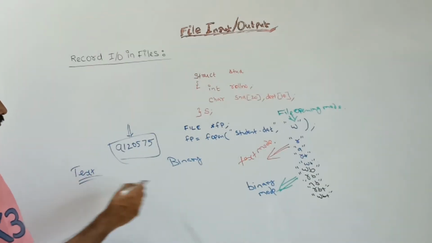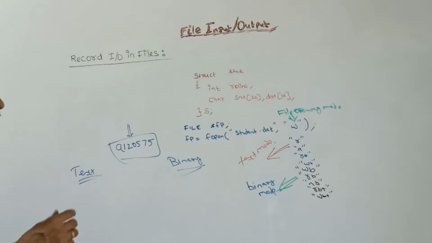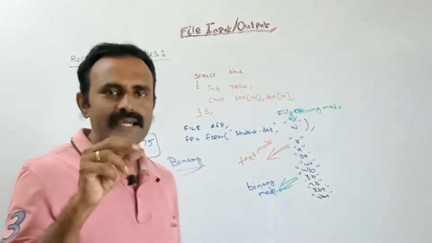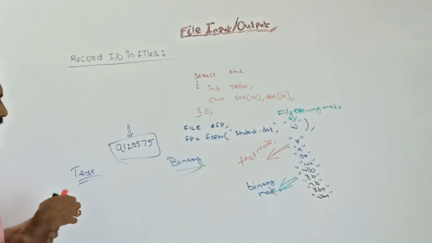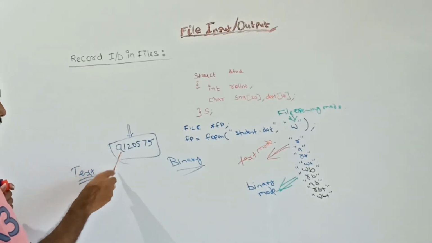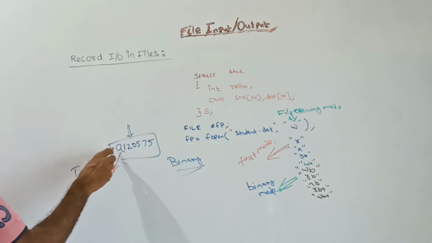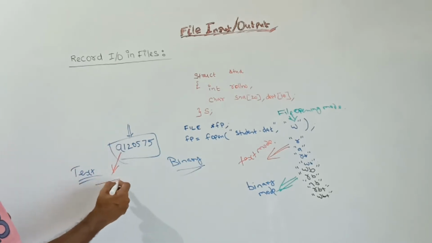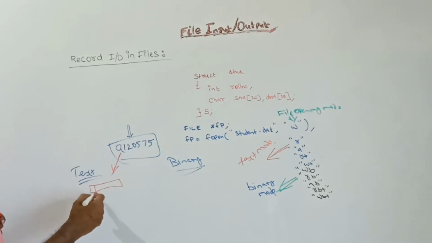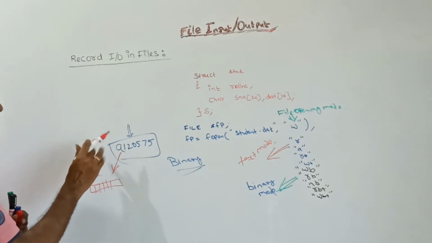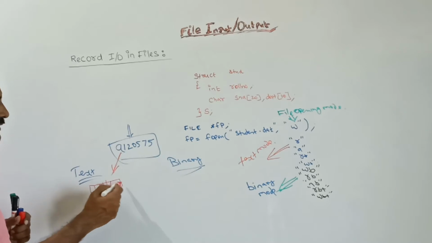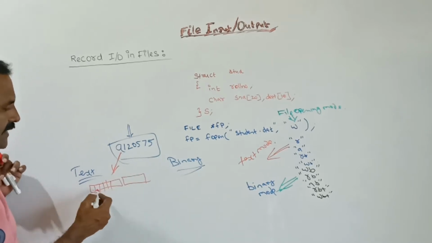In text mode it will read character by character. Very first it will take the A and convert its ASCII value to binary. What is the character size? 8 bits. For A the ASCII value is 97. If you convert 97, we will get 8 binary values, 8 bits.